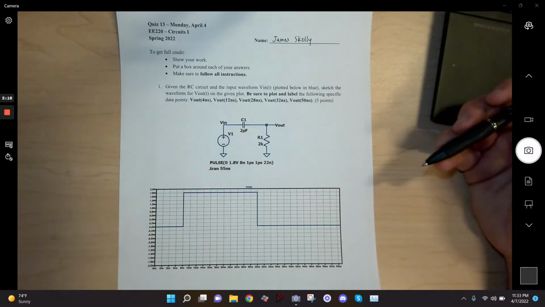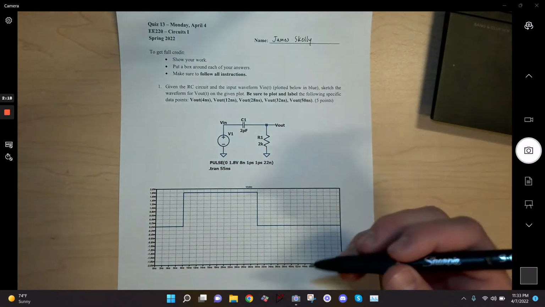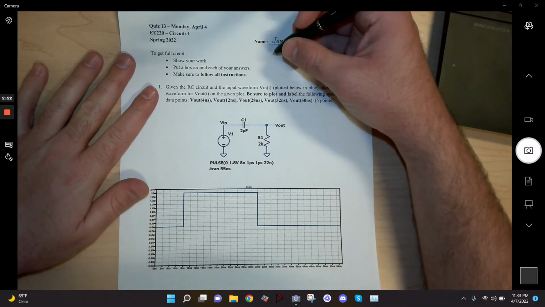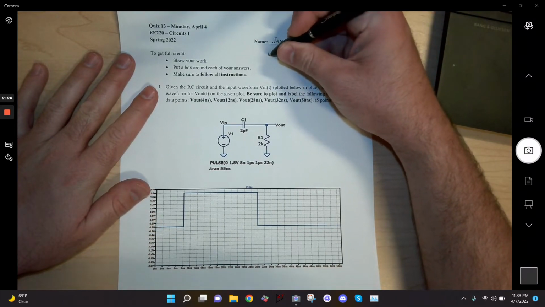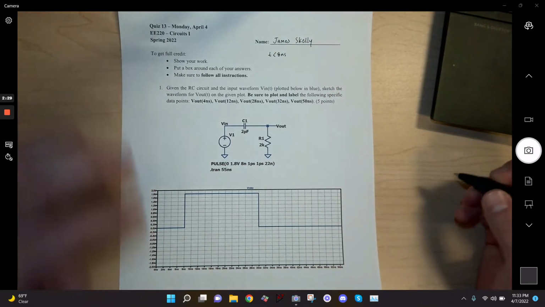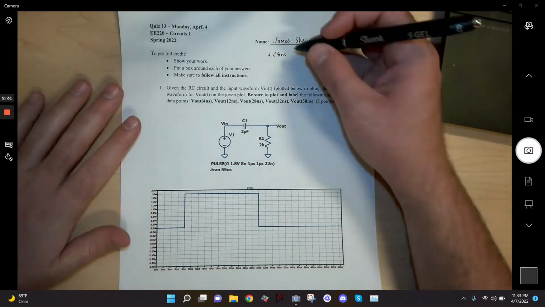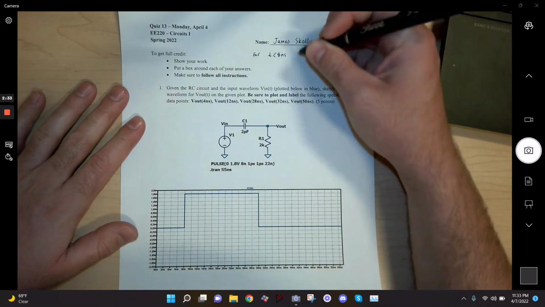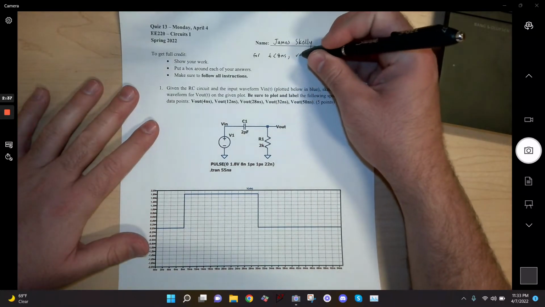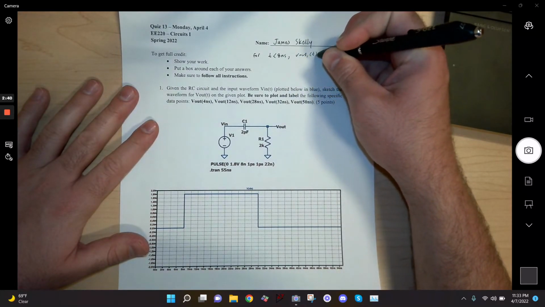Alright? So our first timestamp, I'm just going to write the timestamps up here, is going to be t less than 8 nanoseconds. For t less than 8 nanoseconds, we are going to have one equation for V out of t. So let's call it V out 1 of t.